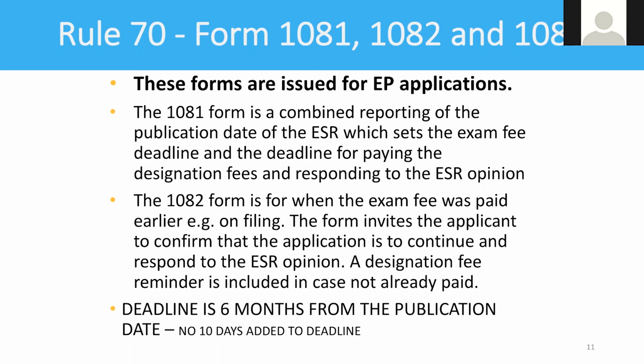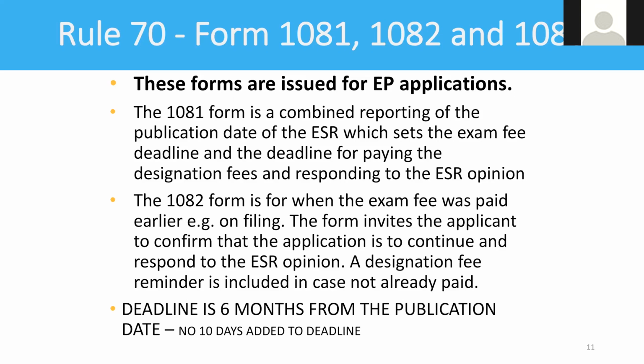I'll show you in a minute an example of what this form looks like, but the publication date shows up in the body of these forms, and the deadlines are calculated from the actual publication date, not the mailing date of the form, which is a very common mistake and another thing that's tricky for people doing docketing for EP work.